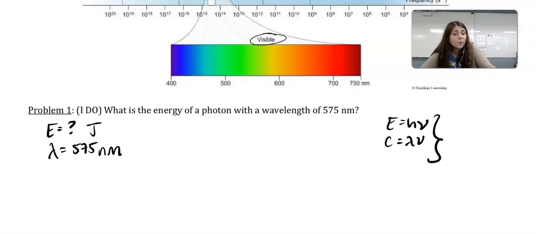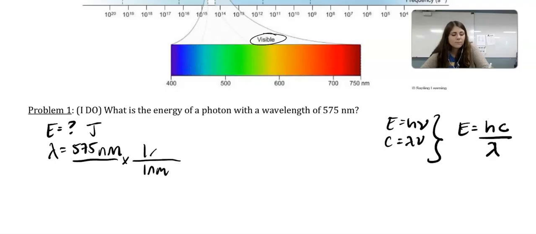rearrange this, remember, to make E equals the two constants on top, h times c, divided by wavelength. Now, before I start plugging things in, remember that c, our speed of light, is in meters per second. We were given nanometers for our wavelength, so we need to convert nanometers to meters first. Here I get 5.75 times 10 to the negative 7 meters.